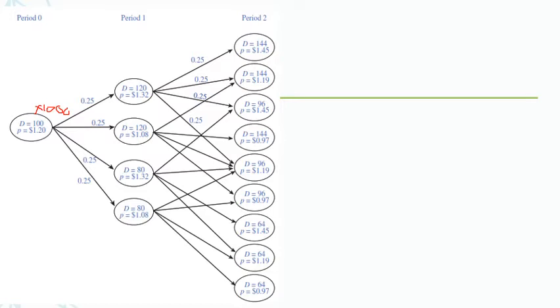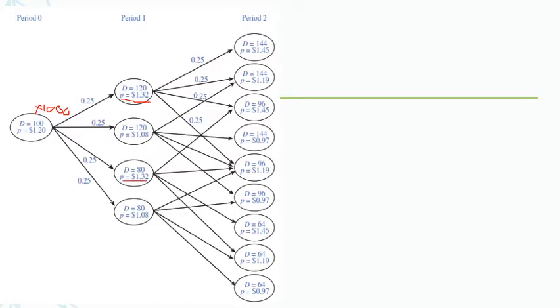And I have 4 probabilities. See here, 2 probabilities with increase in the price. Can you see that here? A 10% increase means $1.2 will become $1.32. That is 2 combinations.